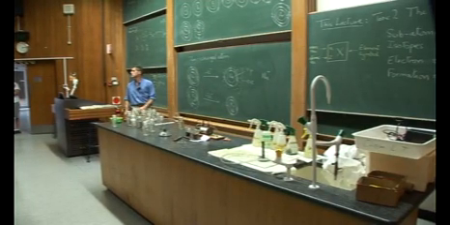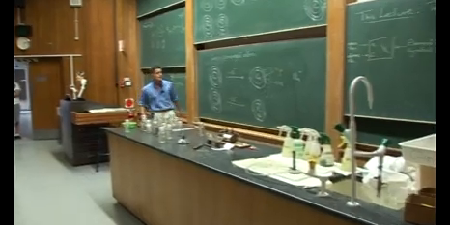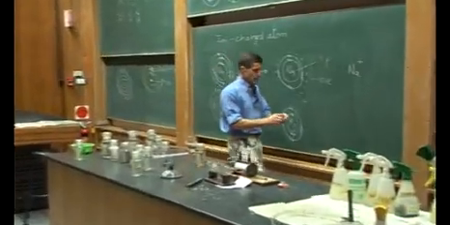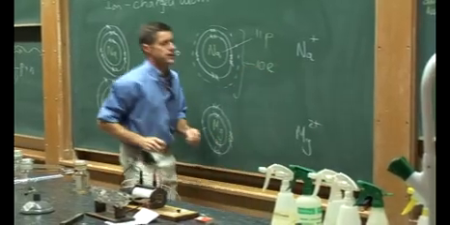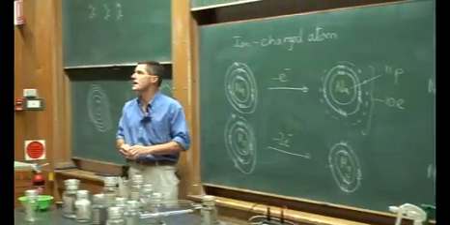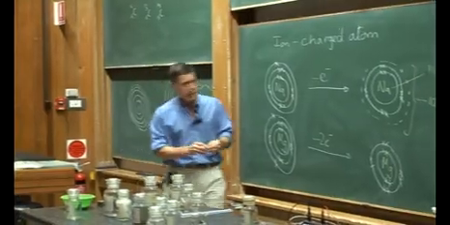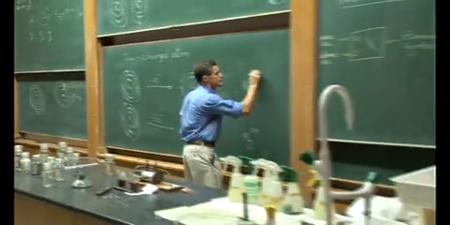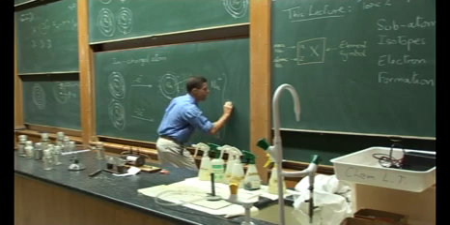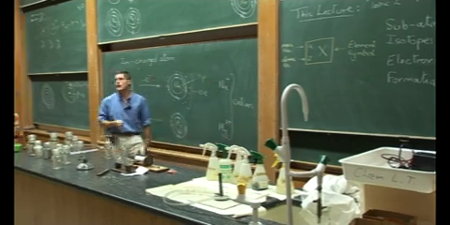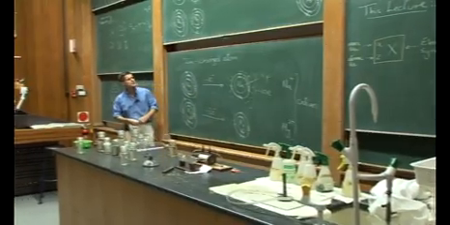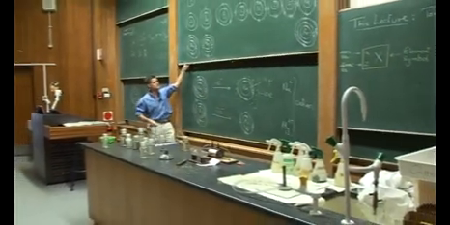I've removed 2 electrons, so I've now got an imbalance of 2, and I have a magnesium 2 plus ion. And if I have a positively charged ion, we actually call those cations. So positively charged ions are cations.